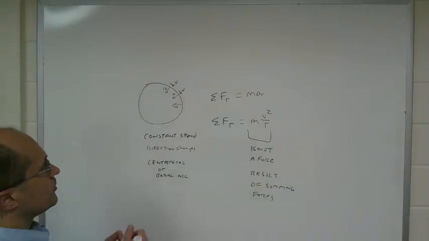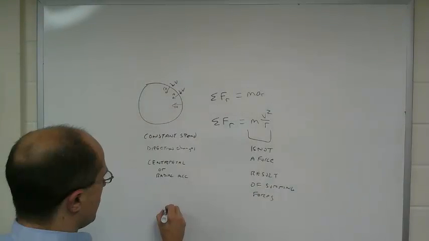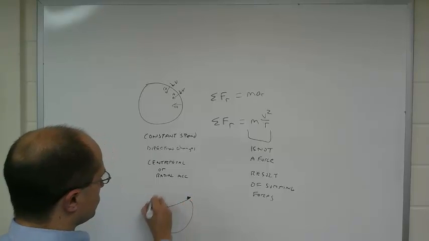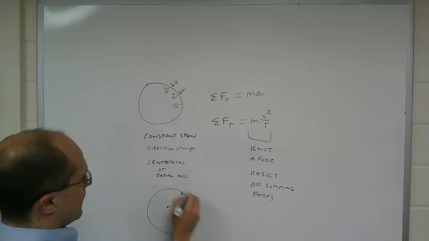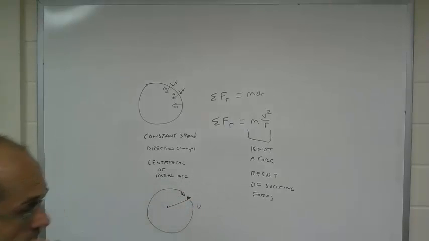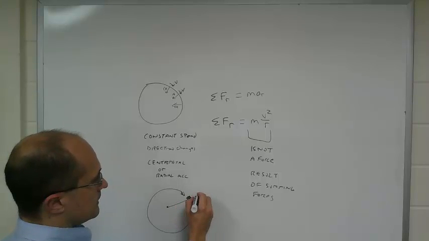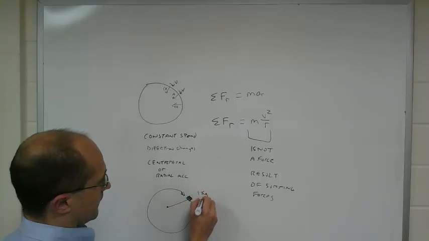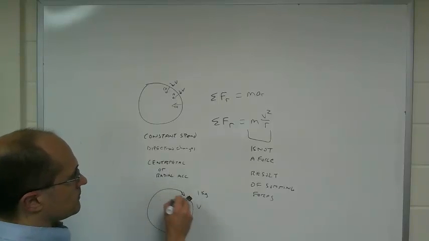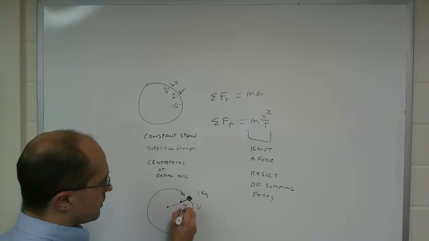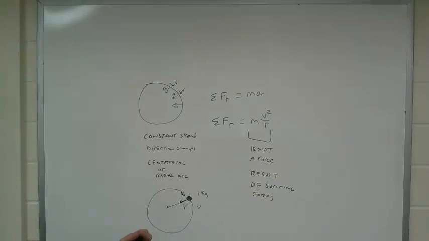As an example, we can think of having a string with something attached to it, and we're twirling this object in some circle at a constant speed. Let's say that our object is 1 kilogram. As our object is going around this circle, there is tension in the rope holding that object in the circle.